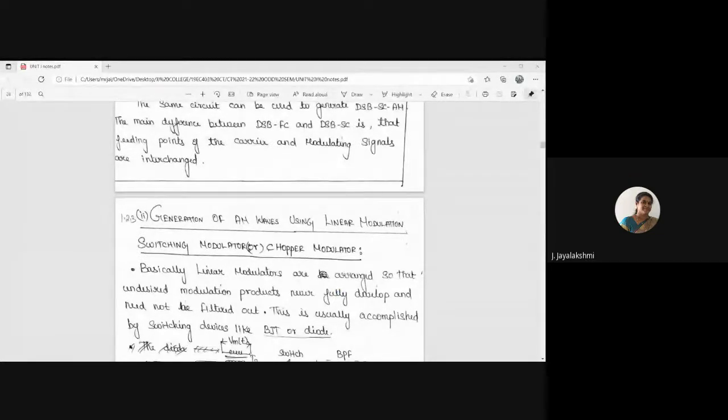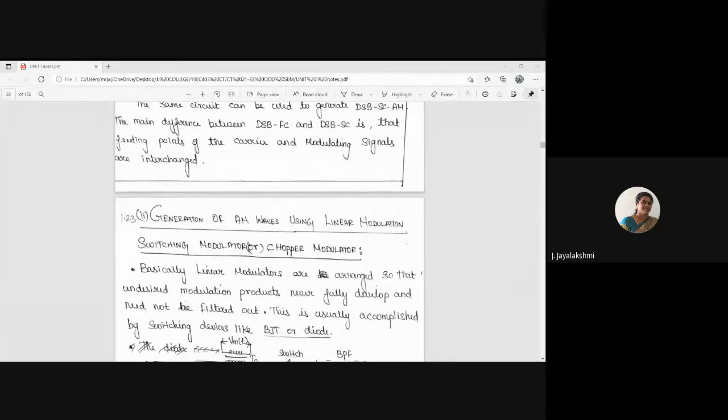Hope you understood how to generate the AM signal. AM signal can be generated by means of two modulation levels: low level modulator and high level modulator, or non-linear level and linear level. Now, we just saw the non-linear level of generating an AM signal by means of a diode as well as a transistor. If it is a diode, it is called a square law modulator or power law modulator.